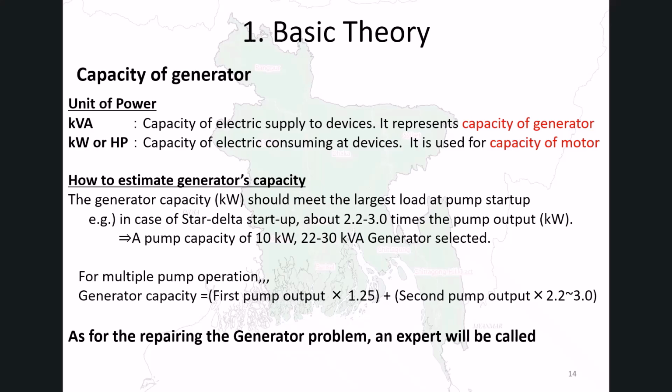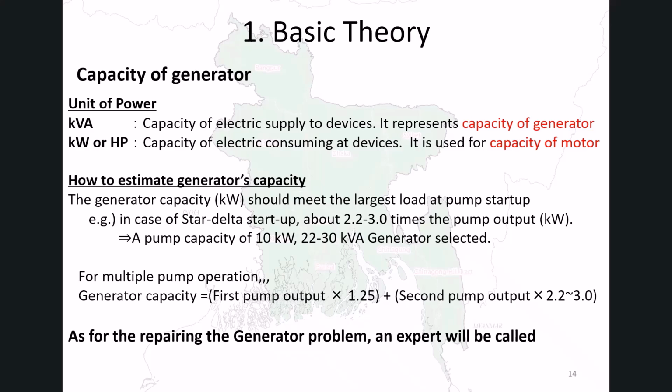This represents the actual power consumed by equipment such as motors. In practice, not all generated power is effectively used by the motor. For example, reactive power is required during startup and operation. Therefore, the power supplied by the generator is greater than the power consumed by the motor.